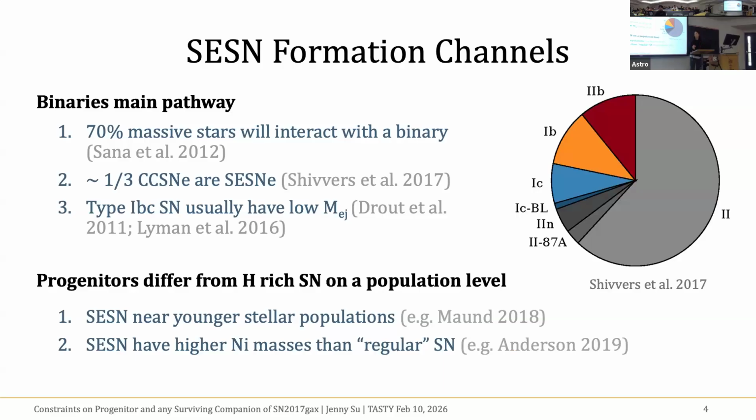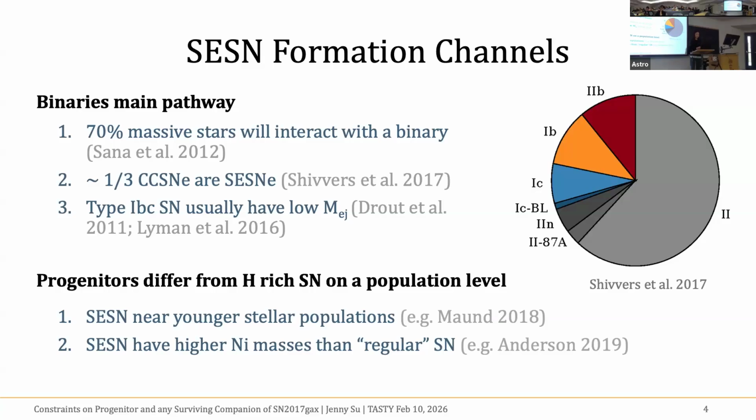Stripped envelope supernovae also have higher nickel masses than typical hydrogen-rich supernovae. It is not a one-to-one relation, but usually higher nickel mass indicates a higher mass progenitor star. So what I wanted to show here is that there are still a lot of uncertainties about the exact details of stripped envelope supernova progenitors.